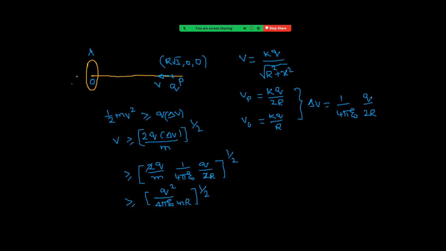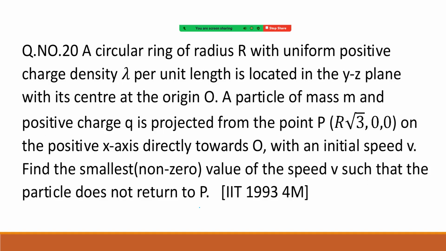Therefore, it moves up to infinity because of that repulsive force. So when they ask for the minimum value, it should be equal to this value, when the particle comes to rest at the origin. So this is our final answer.